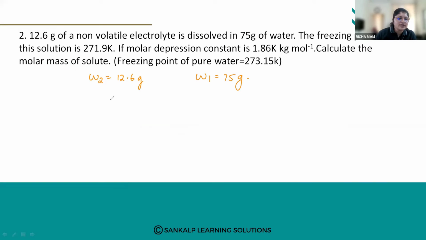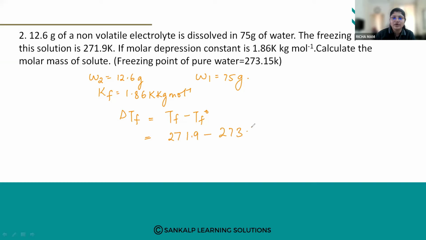Molar depression constant, that is Kf. Kf is given as 1.86 kilogram per mole. Then delta Tf is equal to Tf minus Tf naught, the freezing point of pure water minus 271.9.